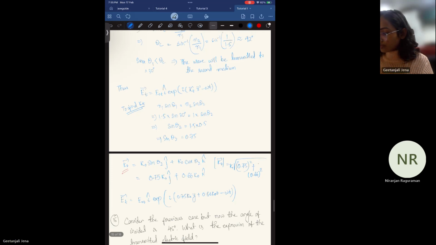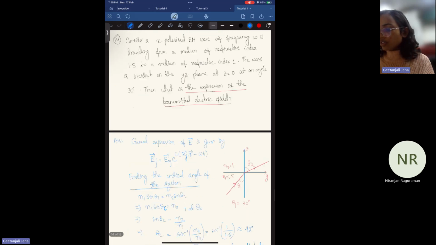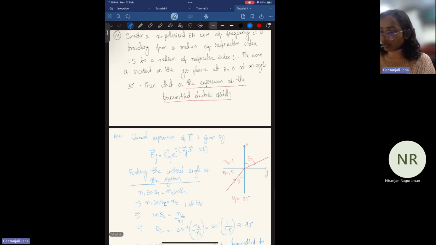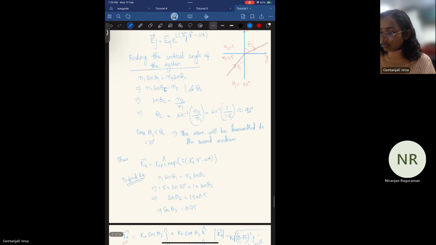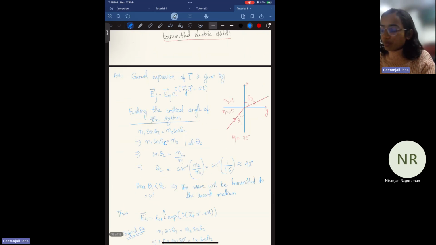Okay. So I think you are talking about shouldn't the k0 be adjusted, meaning kt should be equal to k0. Right? So you are asking if the wave is propagating from a medium of 1.5 to free space, then kt should be equal to k0.